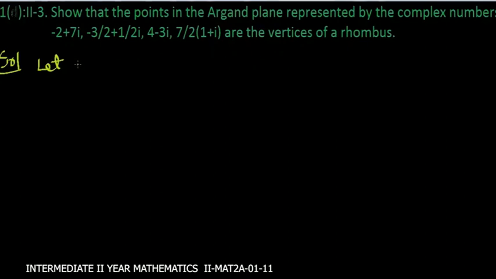Now let the 4 points represented by the complex numbers be: the first point A is (-2, 7). The second point B is (-3/2, 1/2).